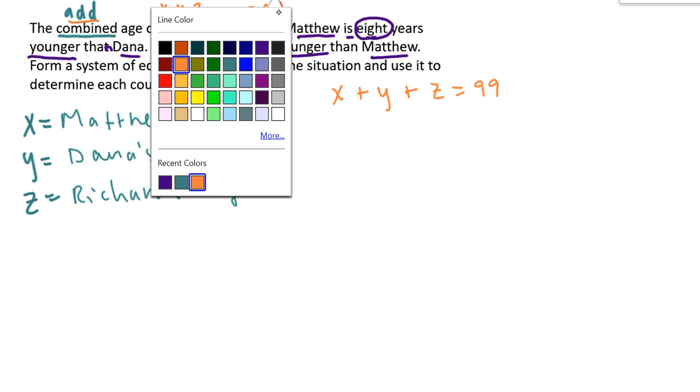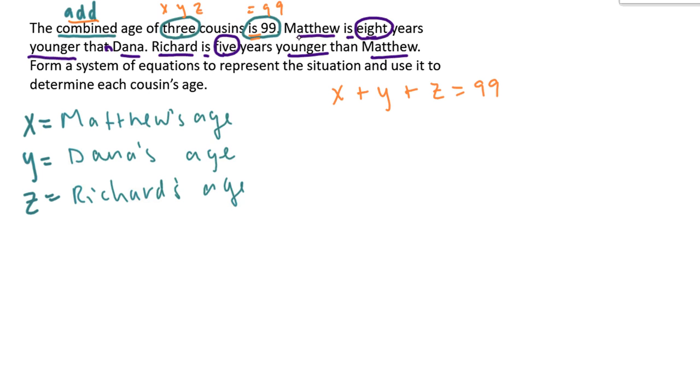Okay, the next one says Matthew, well, that's X, is 8 years younger. Now, younger means less or subtract. You've got to be careful with subtract because sometimes it's switched. So let's talk about this one a little bit more.